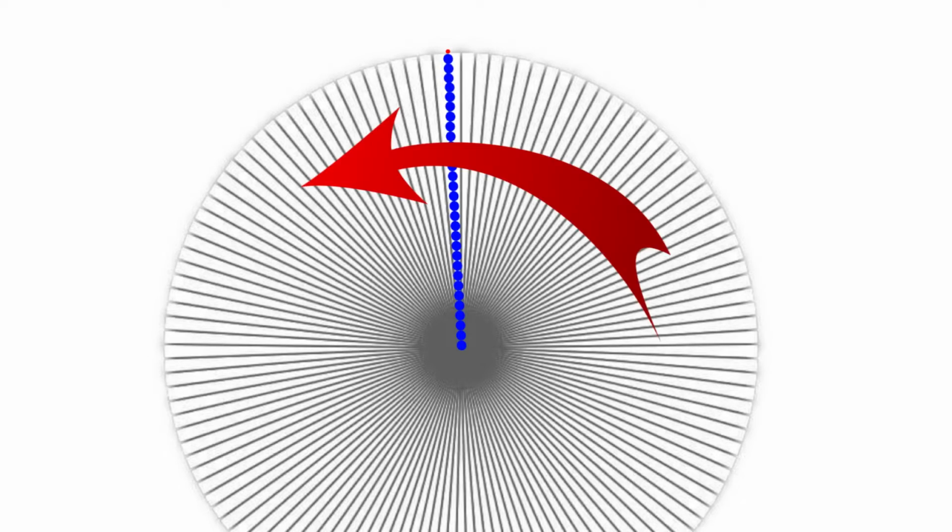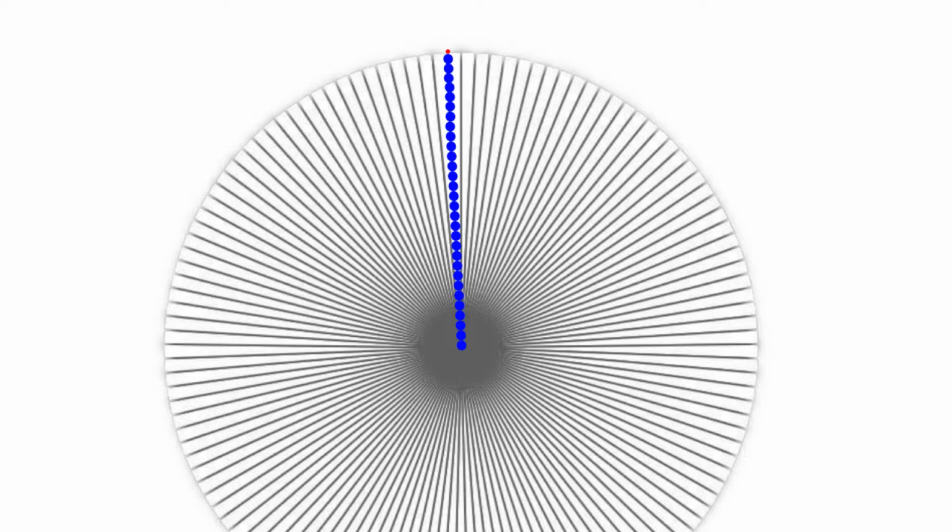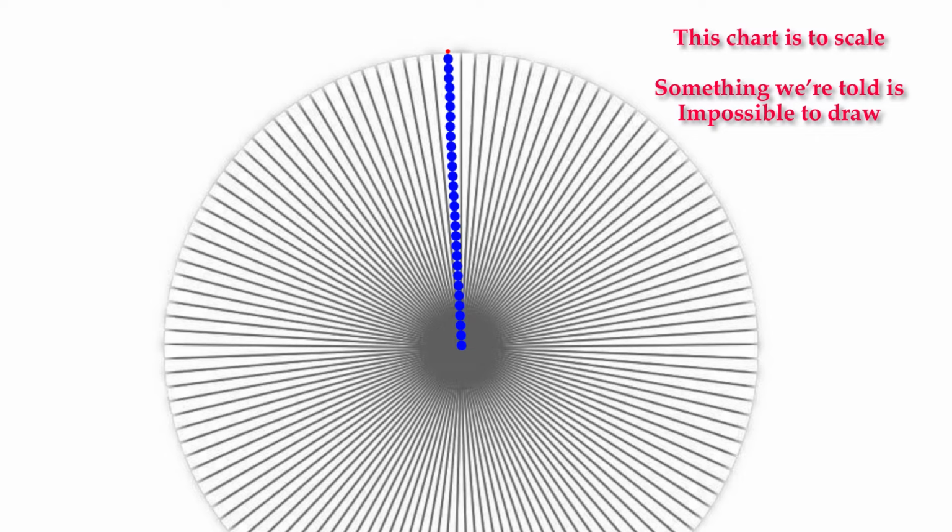To help better understand, I've made a diagram here. The pie chart is basically the orbit of the moon, and you'll see at the end of the blue dots on the outer edge of the pie chart on the top is a little red dot that represents the moon. And in the center of the pie chart is a blue dot, the bottom blue dot, that would represent the Earth.